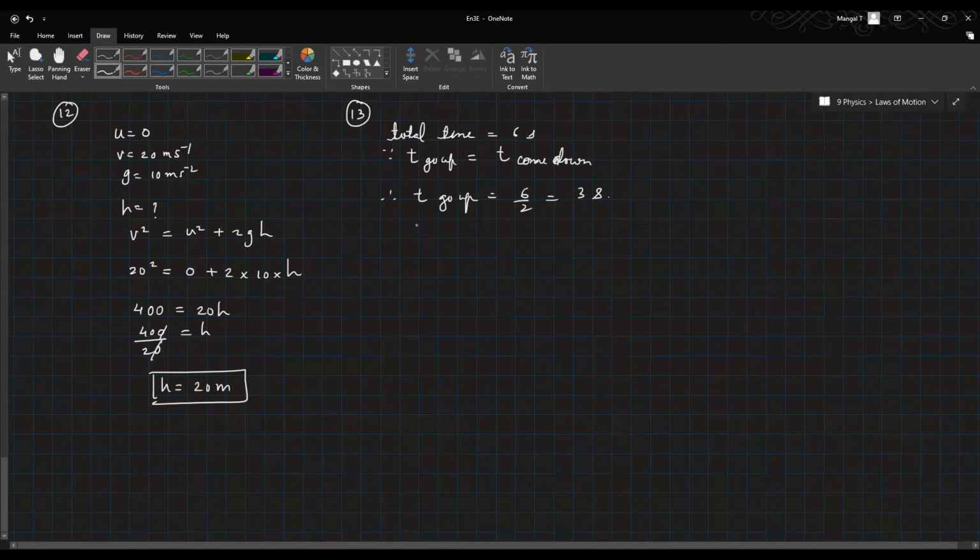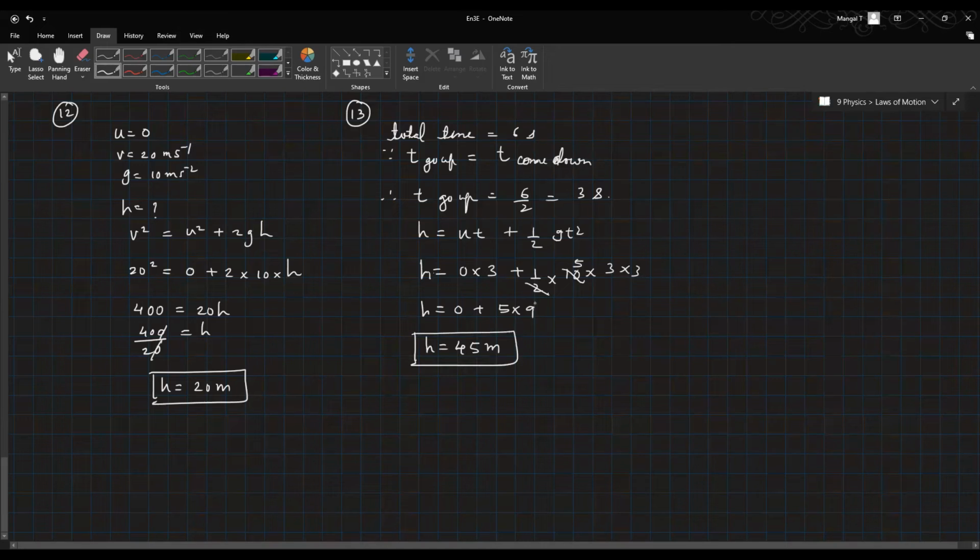So here we have h = ut + ½gt². If you take u as 0, h is 0 × 3 plus ½ × 10 × 3 × 3. h is 0 plus 5 × 9. That will be 45 meters.